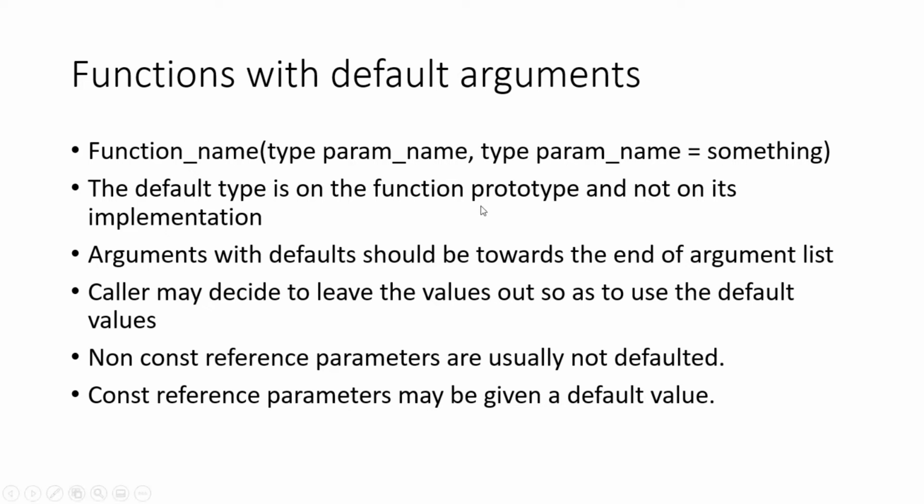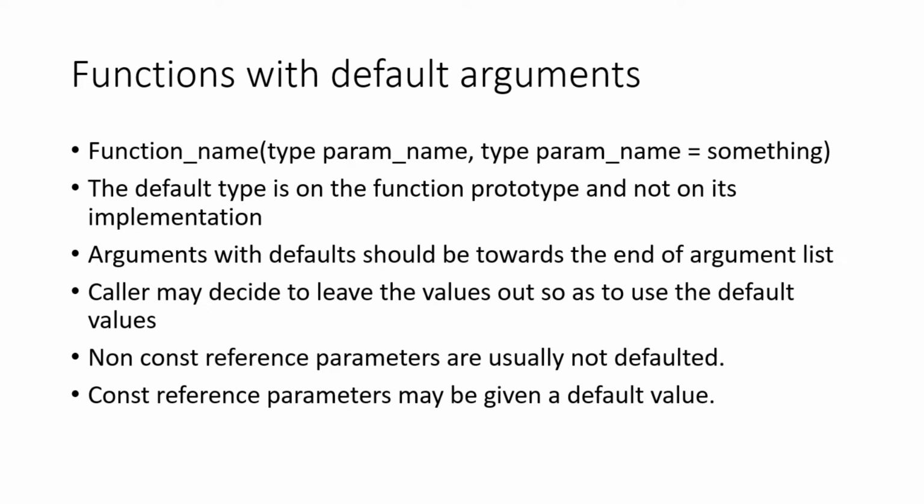And some things to keep in mind when it comes to these default arguments is the default is on the function prototype and not its implementation. So, for example, if you've got a header file and an implementation file, in the header file is where you will have this default mentioned, not in the implementation file.